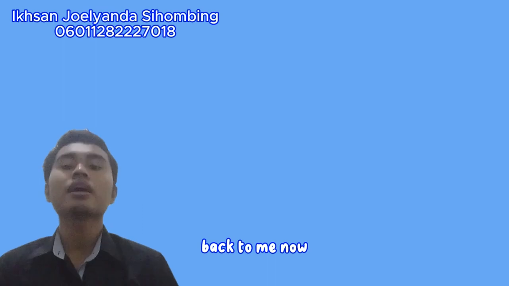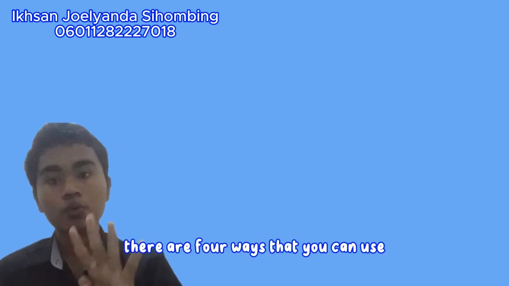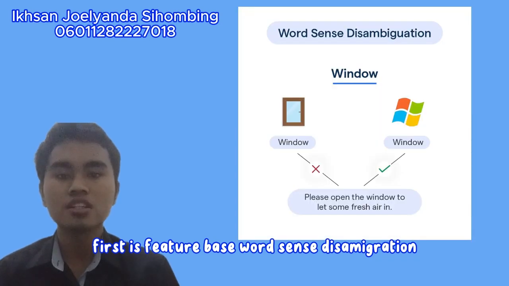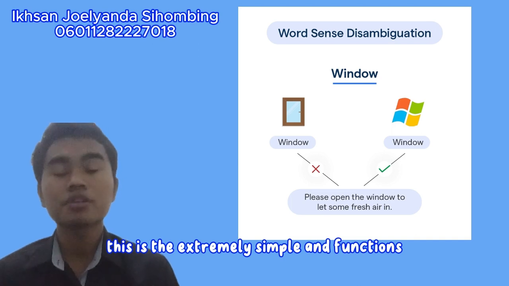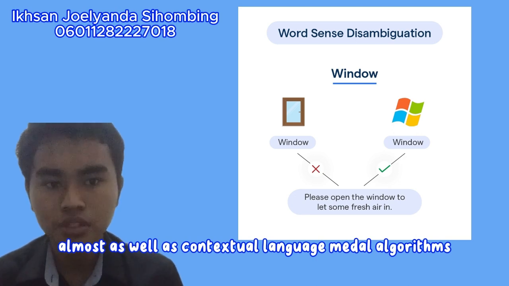Back to me. Now we move on to alternate WSD algorithms and tasks. There are 4 ways that you can use. First is feature-based word sense disambiguation. This is extremely simple and functions almost as well as contextual language model algorithms.